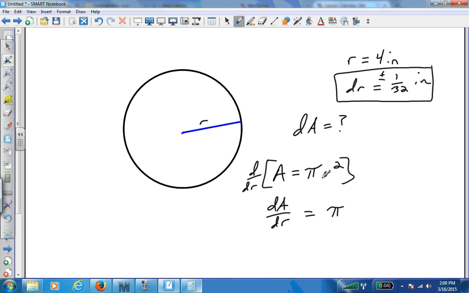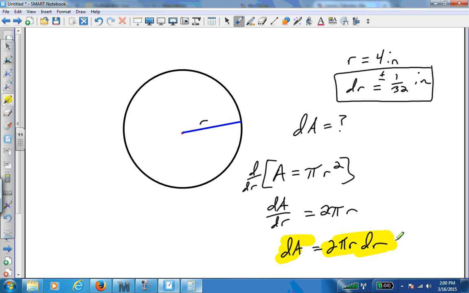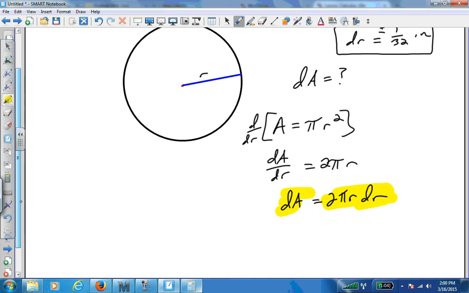When I take the derivative of this with respect to r, bring down the 2, r to the 1 less power. So dA is 2 pi r dr. So this tells us how the error in the area is related to the error in the radius.